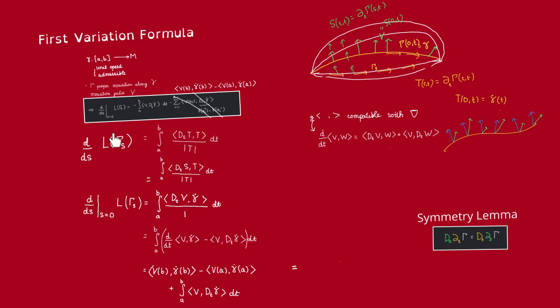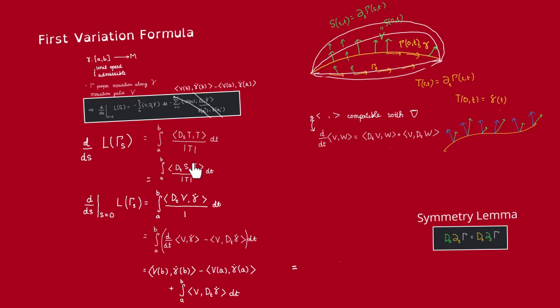Okay, so now that we have established this identity, we can plug in s equals 0. We evaluate this at s equals 0. Now at s equals 0, this T is just going to be the velocity vector field of the curve gamma. But remember, this curve gamma was assumed to have unit speed, right? So that means that this magnitude must be 1.